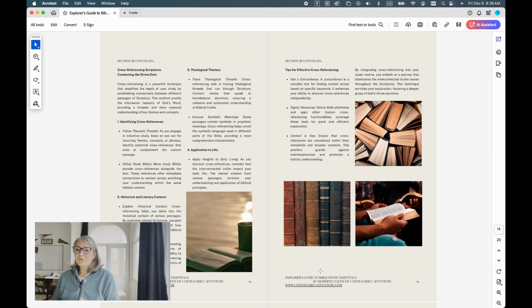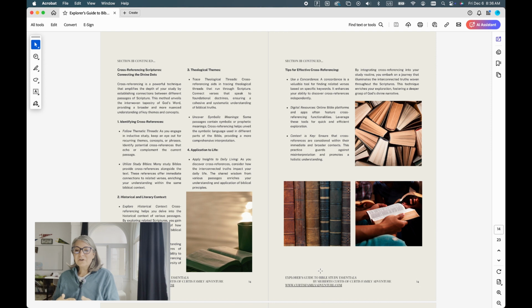We're also going to talk about cross references and connecting the dots with the greater story. The Bible really is one big story with a bunch of little stories that all connect. And so it is important to always read scripture within the context of the whole book.